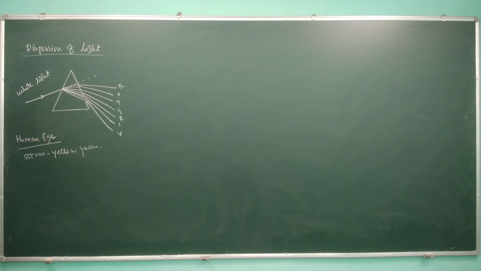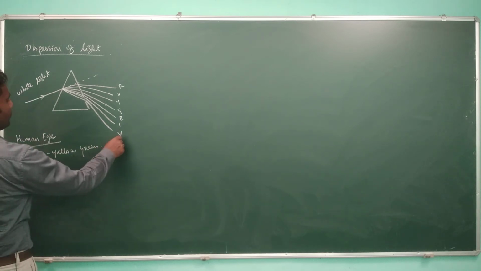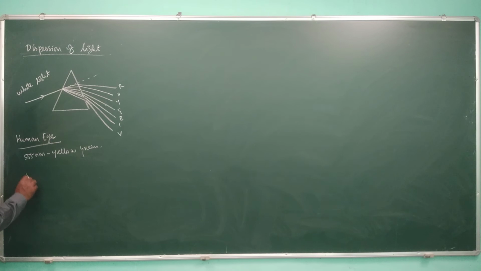Here, as the violet is deviating more, the angle of deviation for violet is greater than the angle of deviation for red, so that the refractive index for violet is greater than the refractive index for red. Fine.